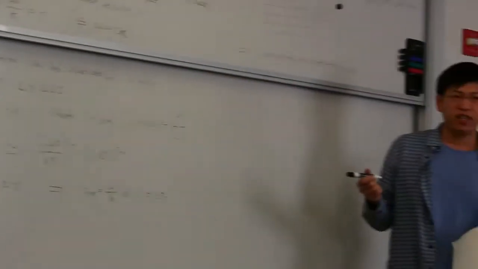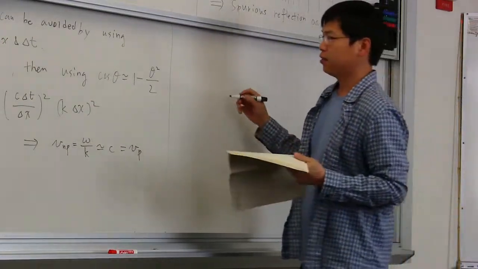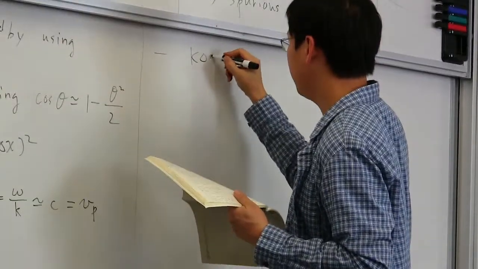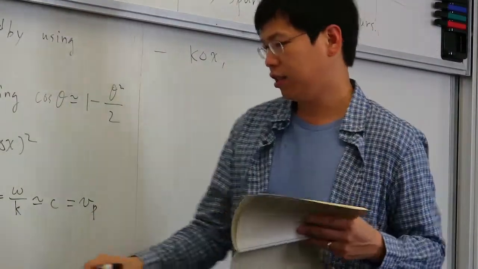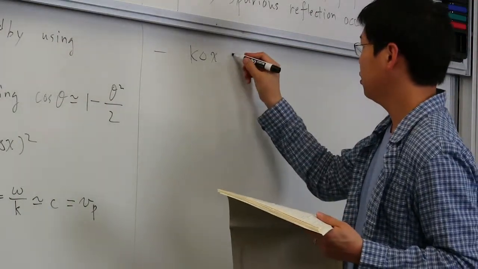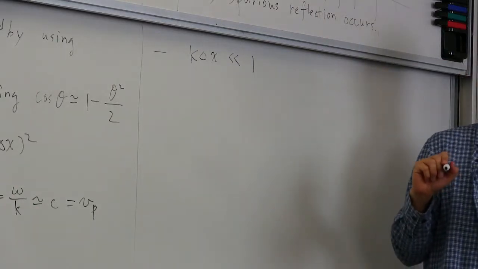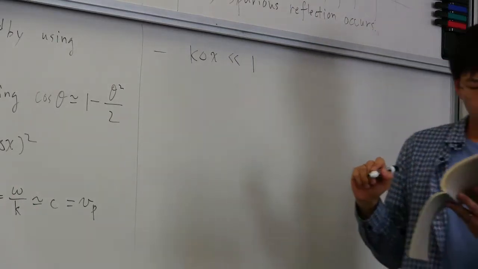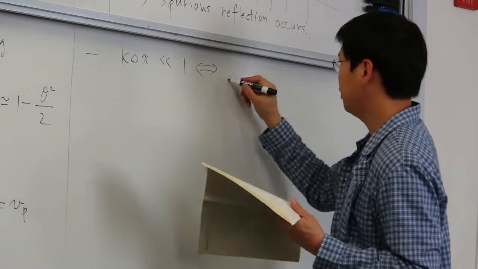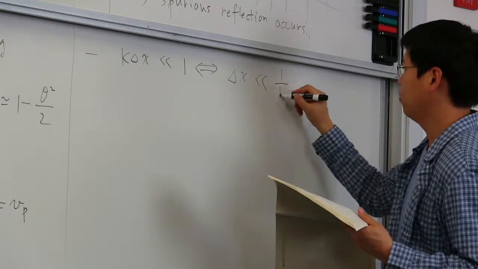But what is exactly small enough delta x and delta t? When you say that k delta x is sufficiently smaller than 1, that means delta x is sufficiently smaller than 1 over k.